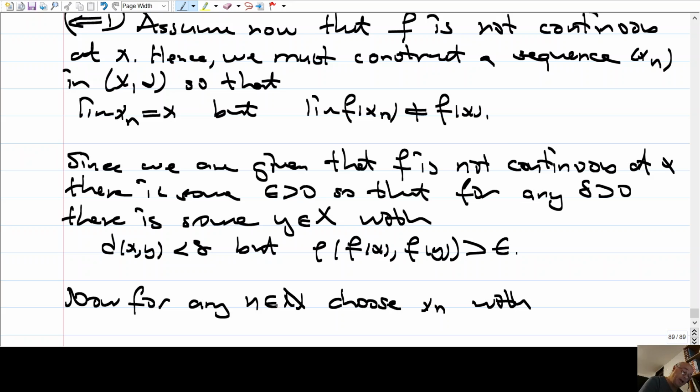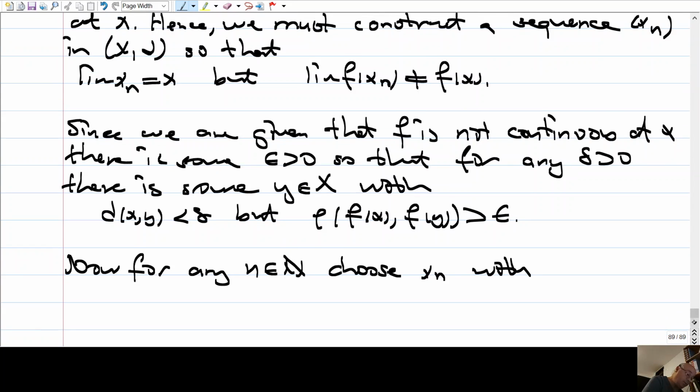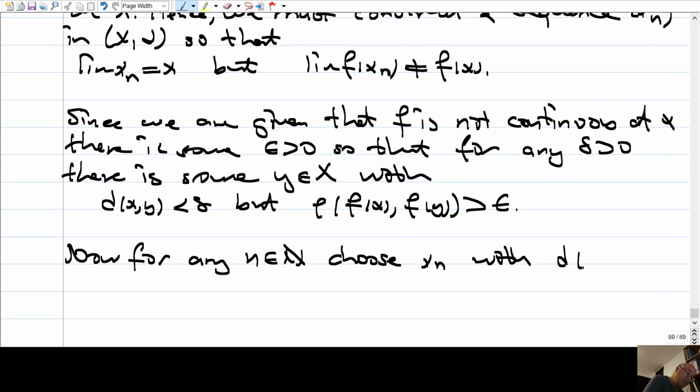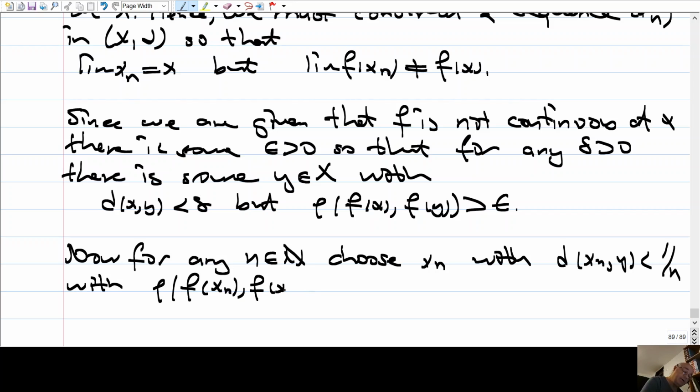So for any n, I choose xn with the distance between xn and x less than 1 over n, this is my delta, with rho of f of x and f of xn at least epsilon.